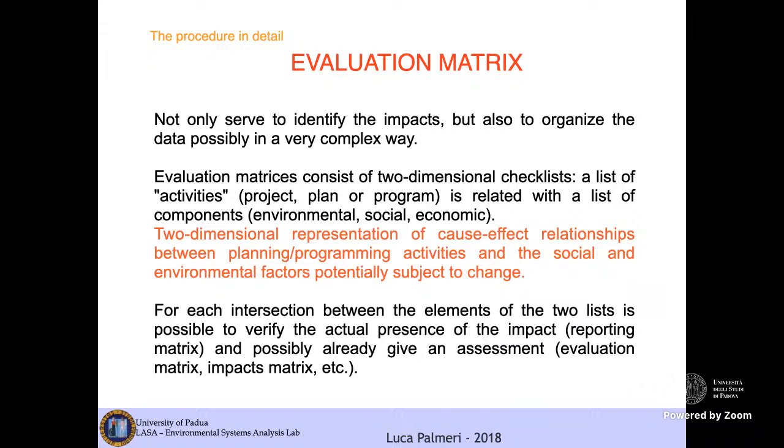So this is a two-dimensional representation of cause-effect relationships between planning, programming activities and the social and environmental factors potentially subject to change. For each intersection between the elements of the two lists, it's possible to verify the actual presence of the impact and possibly already give an assessment.